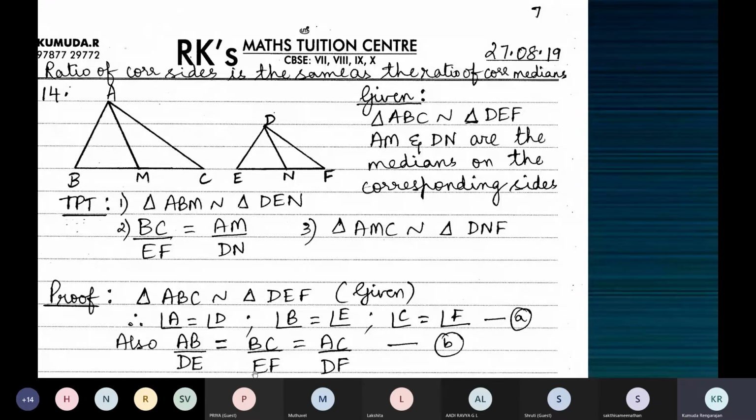Now, when you have the fraction 5 by 10, am I audible, children? Is my voice clear? Yes, ma'am. No, ma'am. Sometimes it's breaking for me. In between, your voice is breaking.